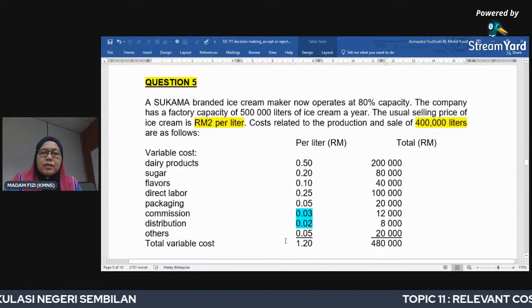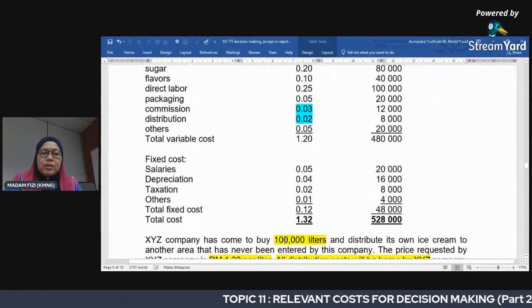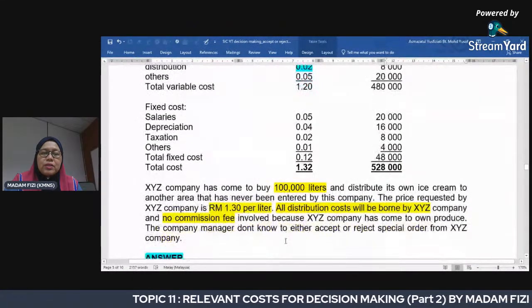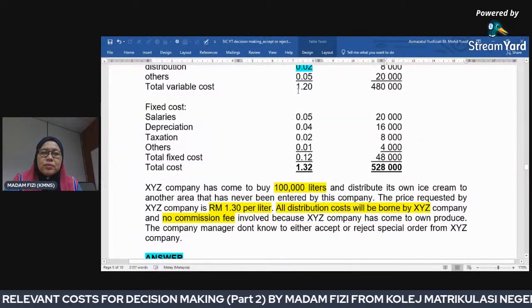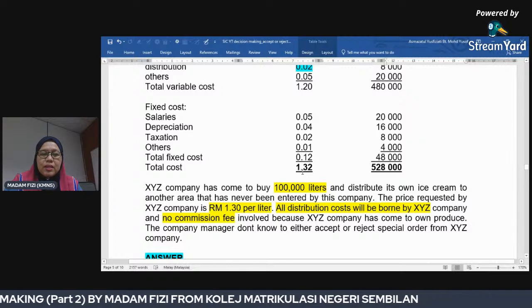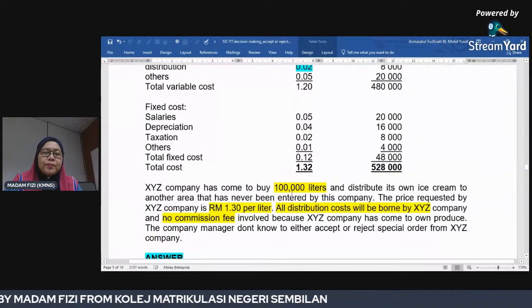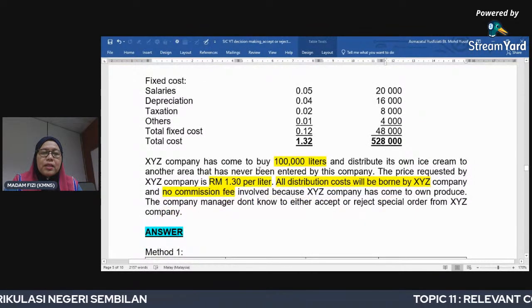Okay, now and then in the question also you can see the fixed cost. Okay, the variable cost just now per unit is RM1.20, and for the fixed cost is RM1.32. Okay, so okay, there are other information.